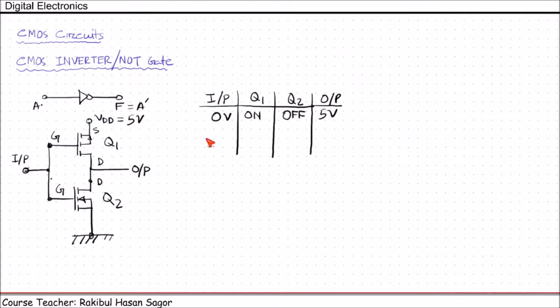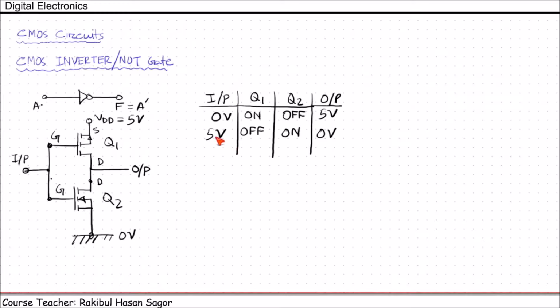Now when we are giving input equals to 5 volt, what will happen? When we provide 5 volt at the gate of the PMOS, then PMOS will be off. Off means this is open circuited, and NMOS will be on. On means this is short circuited. So this output will be connected with the ground, and we know this ground voltage is 0 volt, so the output will give us 0 volt.